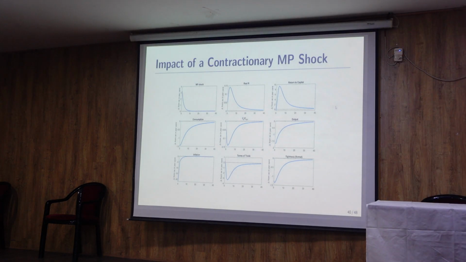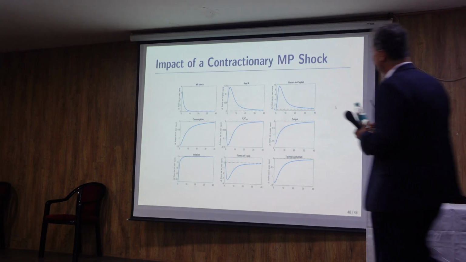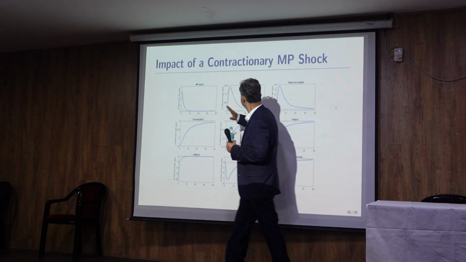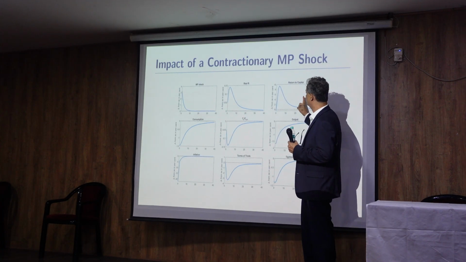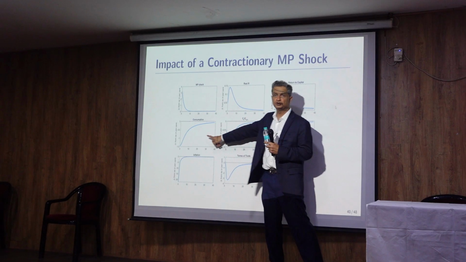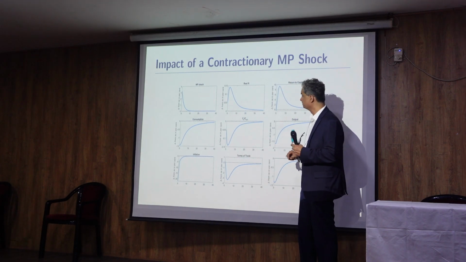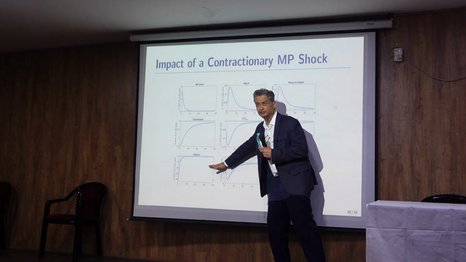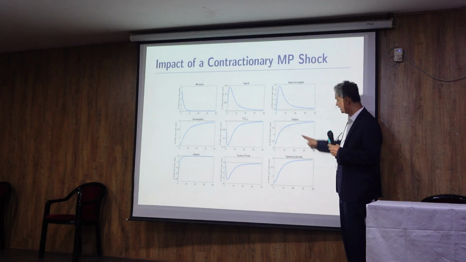So, as in the data, this is what we find. We find that monetary policy, when it tightens, leads to a decline in consumption. It leads to a decline in inflation, it leads to a decline in output.